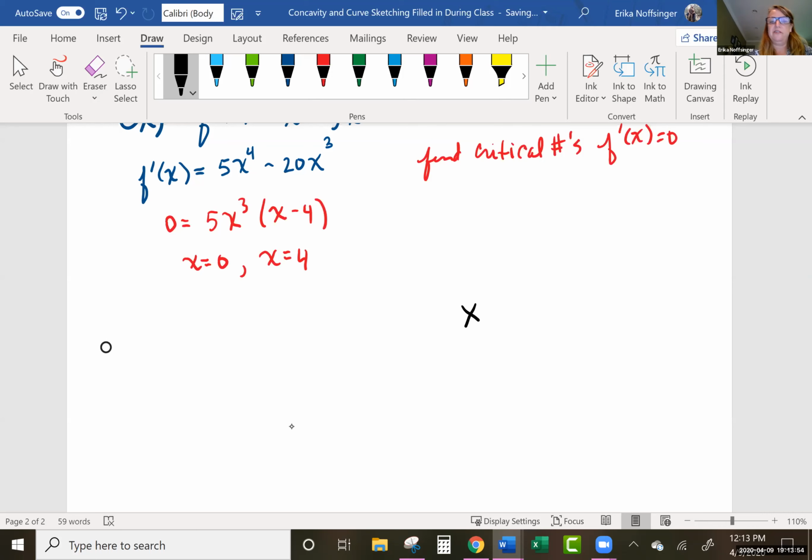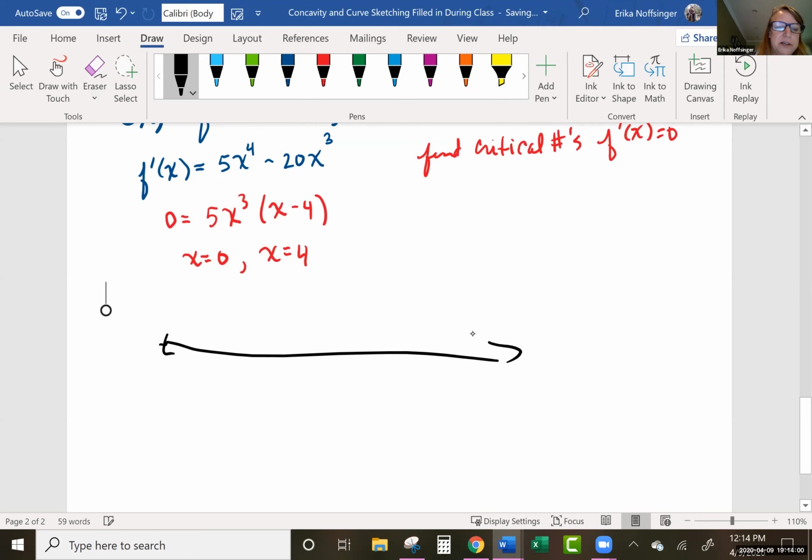Maybe not. Let's not. I can play with that later. Okay, let's do our number line. And with 0 and 4, we want to test numbers on each side.